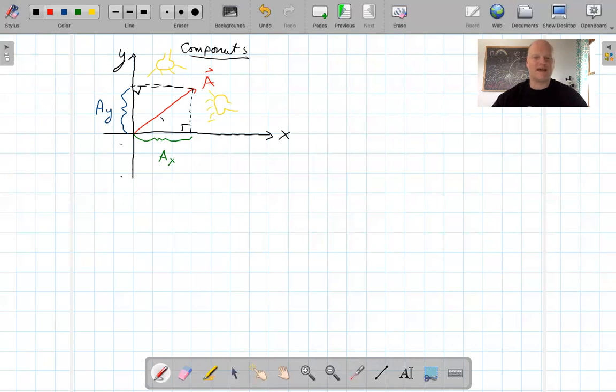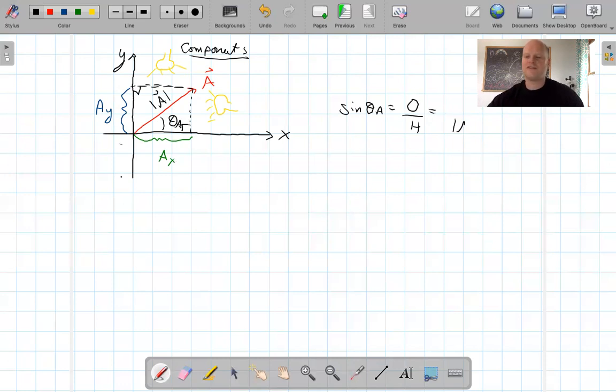And let's say this is at an angle of theta A. So notice what we did here: we actually just created a triangle. This part here has a length which is called the magnitude of vector A. And according to this angle, this is the opposite side, and this is the adjacent side. So we can find the components of this vector by simply using the trig that we talked about before. Remember that sine of theta A is equal to the opposite side divided by the hypotenuse.